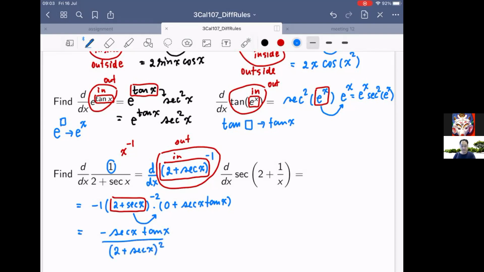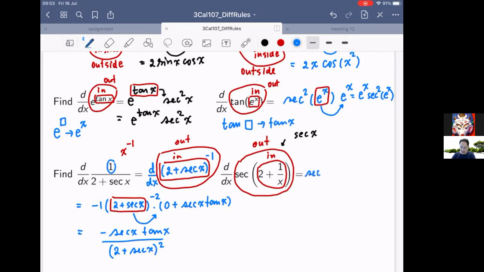However, if you look at this one, here is what's inside, and there is your big picture outside. So you will look at it as secant of x. What is the derivative of secant of x?